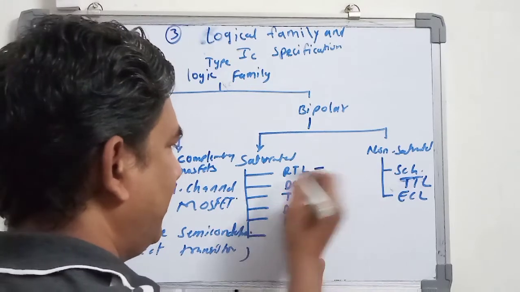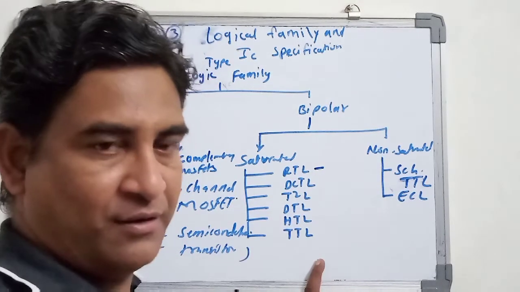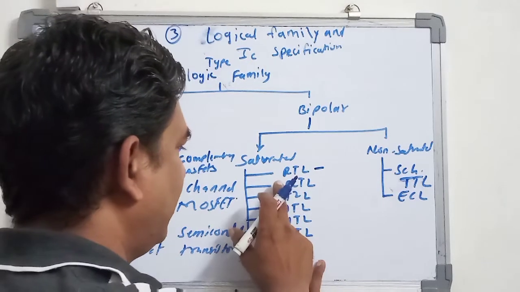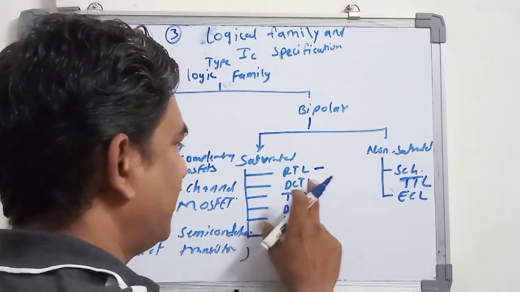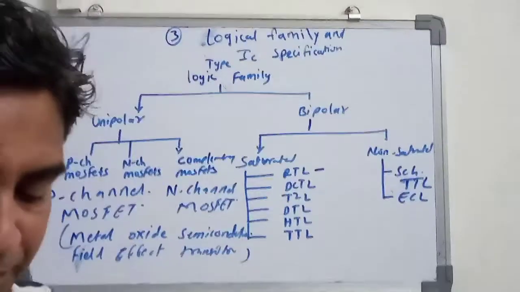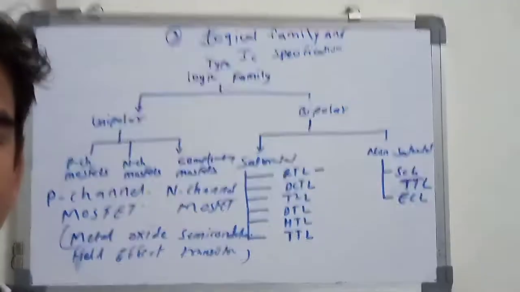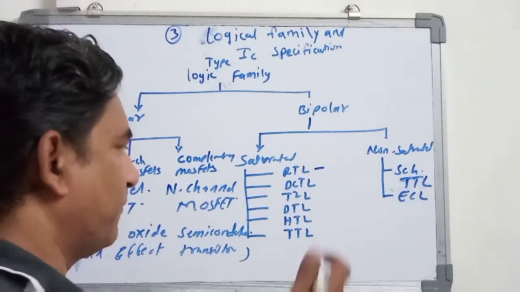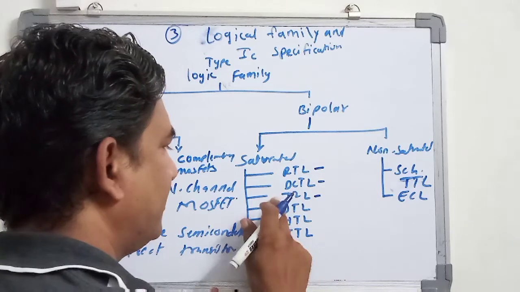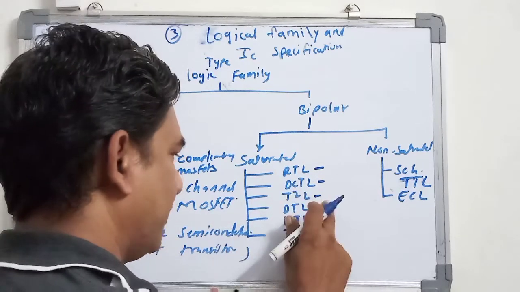First is the RTL, that is a resistor transistor logic. Second is the direct coupled transistor logic. Okay, it is a full form for that particular direct coupled transistor logic. Then a T square L, transistor transistor logic.